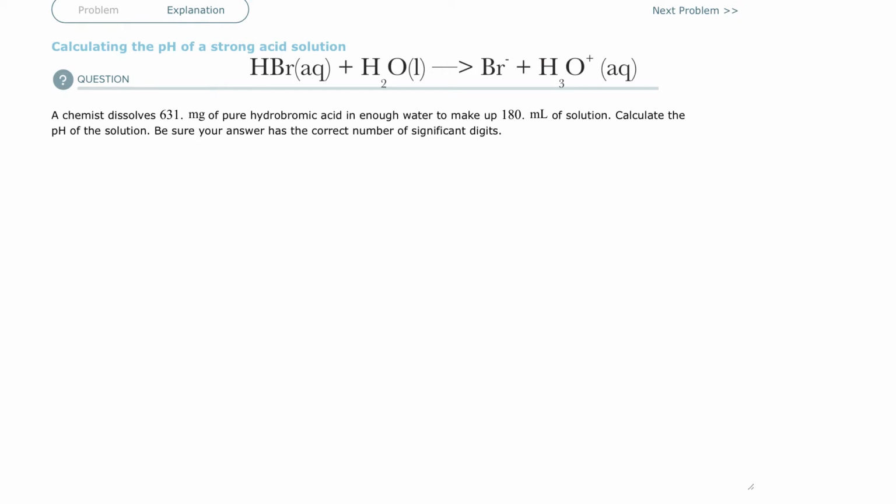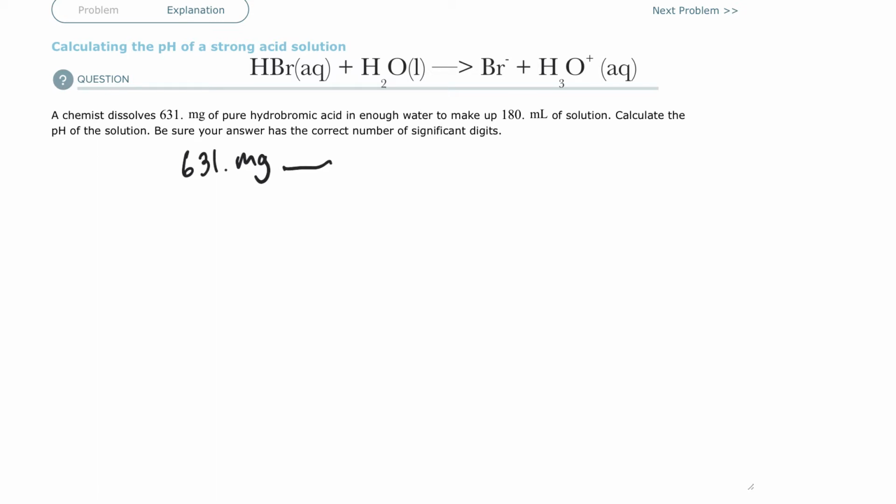So now, since this is 1 to 1, I need to know how many moles of hydrobromic acid I'm starting with. I'm given 631 milligrams. If you remember, I need to go to moles, so I have to go to grams first because the periodic table is in grams per mole.